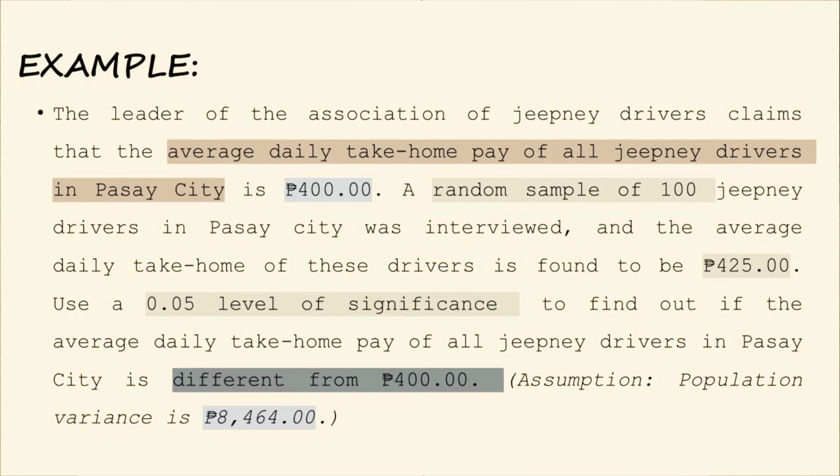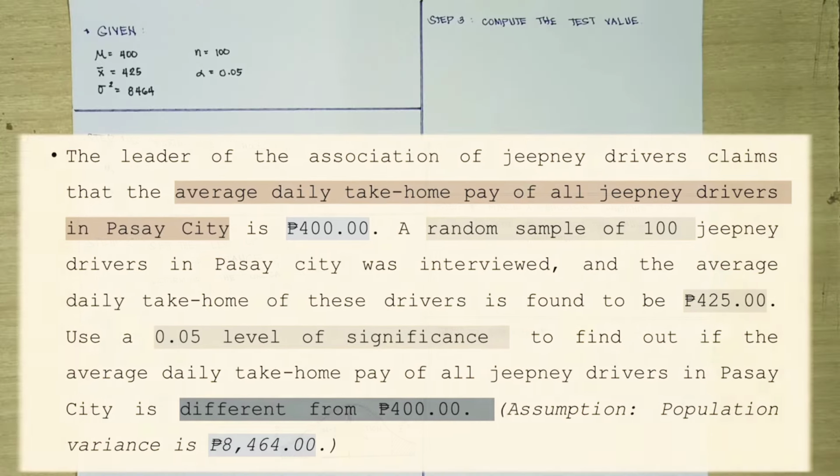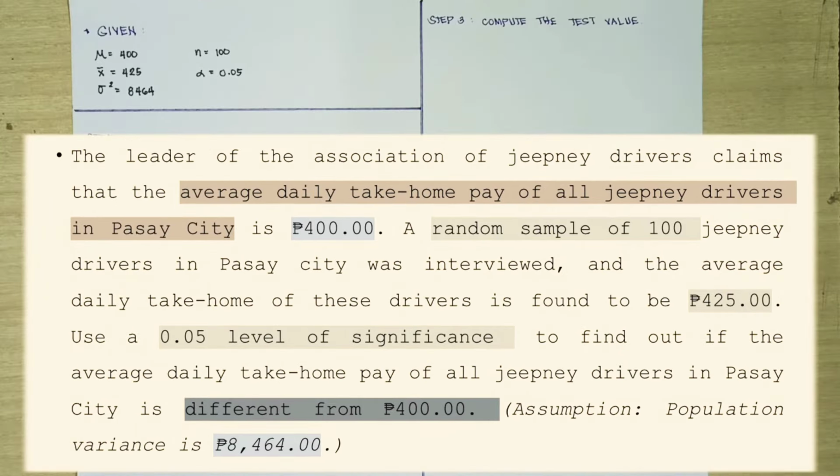And use a 0.05 level of significance to find out if the average daily take-home pay of all jeepney drivers in Pasay City is different from 400 pesos. So let's assume that the population variance is 8,464 pesos. Okay. So first, we have 5 steps para i-check kung i-reject ba natin or i-accept yung ating hypothesis.